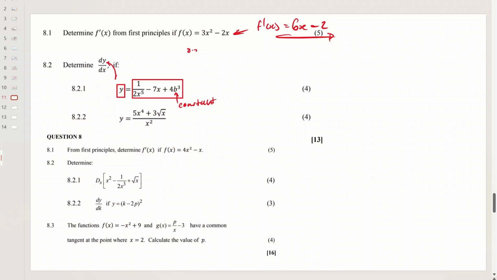So 8.2.1, go through this alone, guys. Please go through this alone. So now, taking the derivative, can we take the derivative directly? No. So I can write this as 1 all over 2x to the power minus 5, plus 4b into 3.